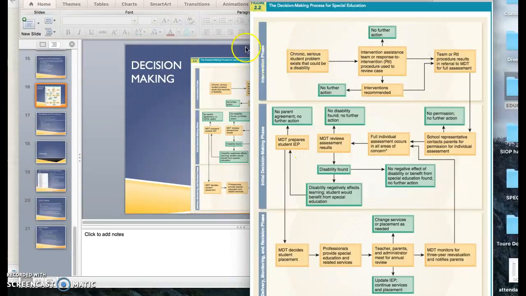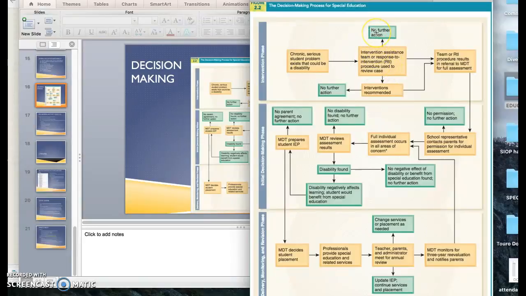So the first part of the decision-making process is the intervention phase. That means you've found a student with some sort of problem that could possibly be a disability, but it just might be something else. You create a team, an intervention assessment team, or sometimes they're called student support teams, and you discuss this.